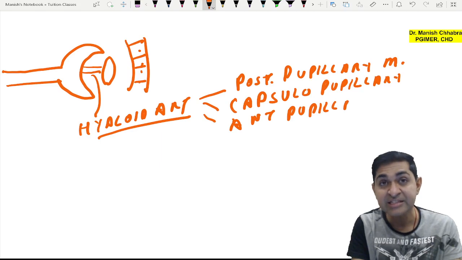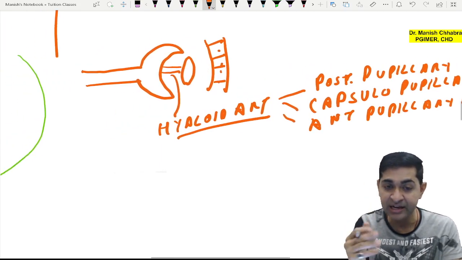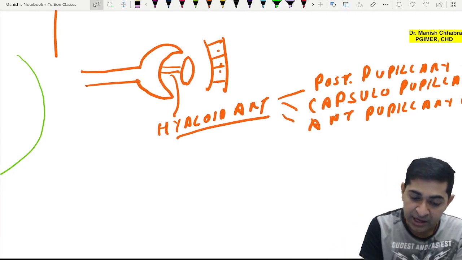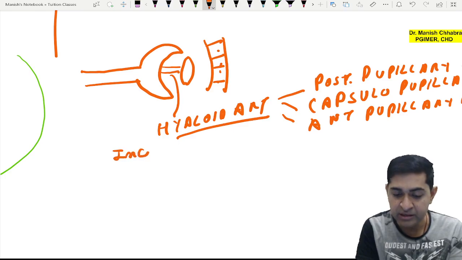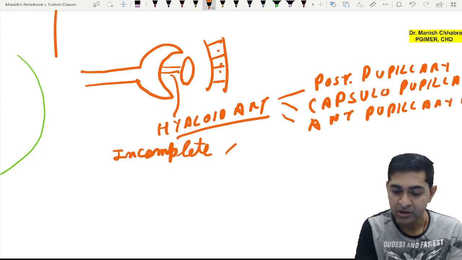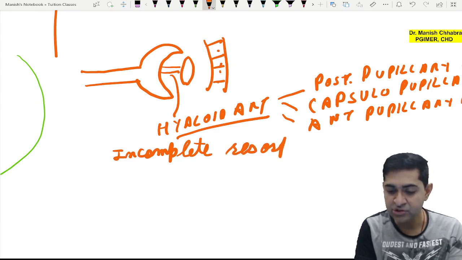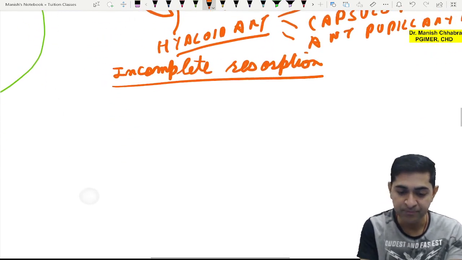So it was supplying blood to the developing lens, and lens is avascular. Now incomplete resorption will lead to four things.